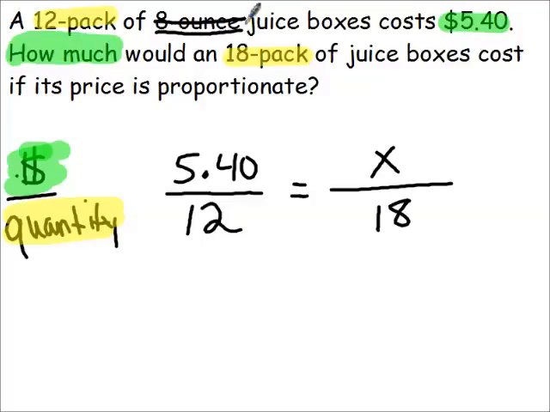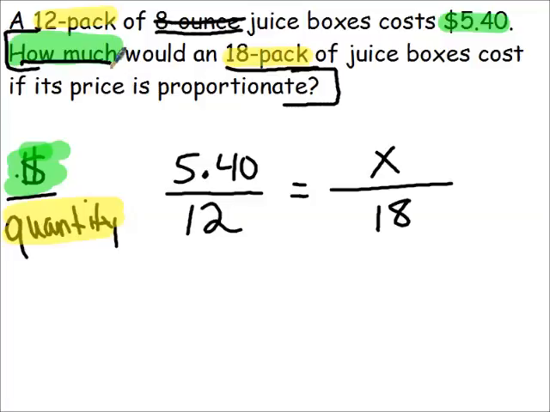You can find those key pieces of information in the question. It says, how much would an 18 pack of juice boxes cost if its price is proportionate? So we know that how many come in a pack is important, as well as how much is important. And so those are our two categories. We have dollars and quantity.